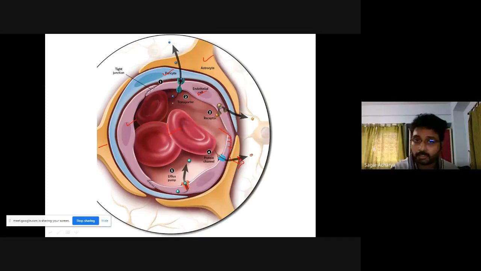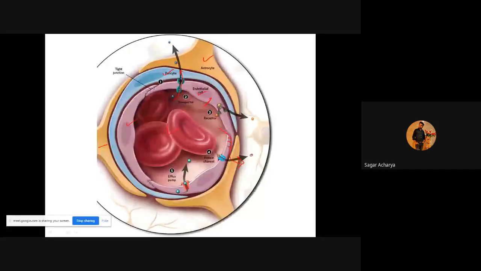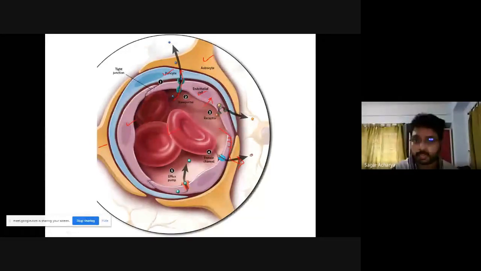And one is called transcytosis, that occurs through receptor mediated movement of ions or several nutrients. And another is the lipophilic molecules, which directly diffuse through the membrane out of the endothelial cells and come to the tissue region.